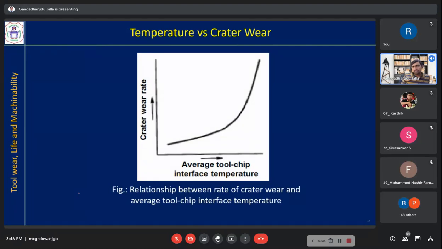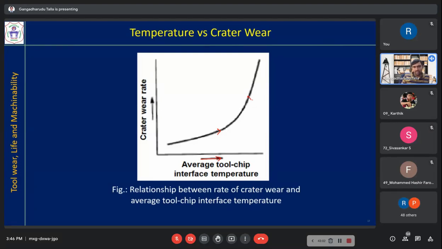Now temperature versus crater wear. If the average tool-chip interface temperature is increasing between the chip and the tool, that is the secondary deformation zone, then gradually crater wear will increase. This is very obvious because crater wear is mainly due to adhesion and diffusion.